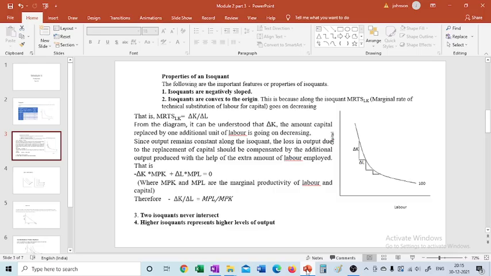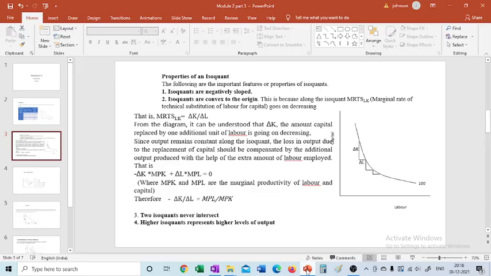The second important property is that isoquants are convex to the origin. What is the meaning of convexity here? Along the isoquant, consider MRTS LK, the marginal rate of technical substitution of labor for capital.